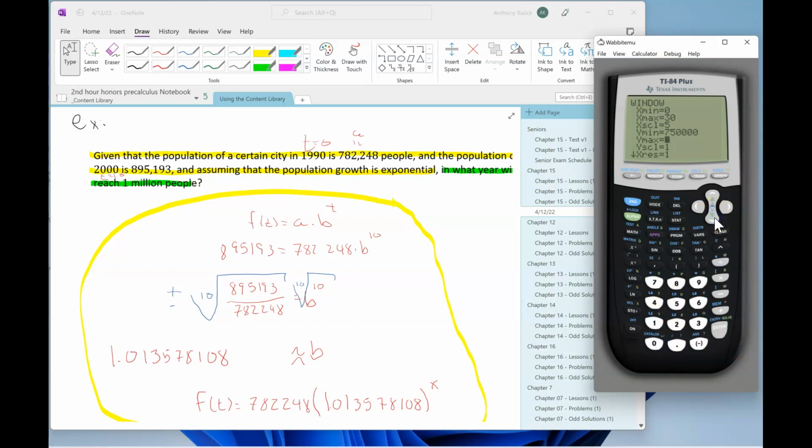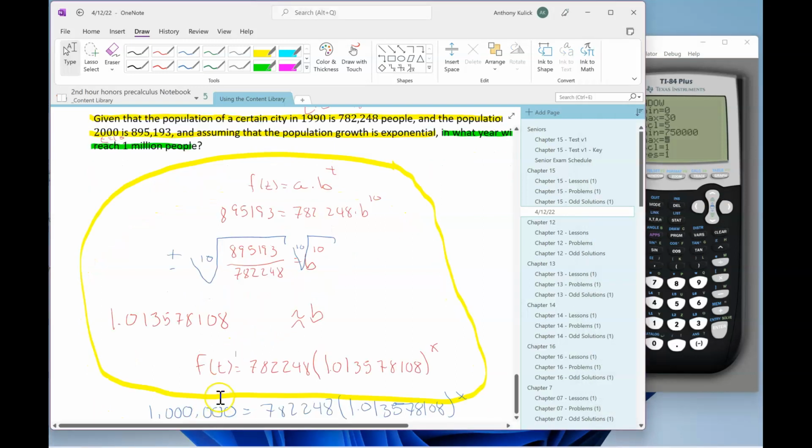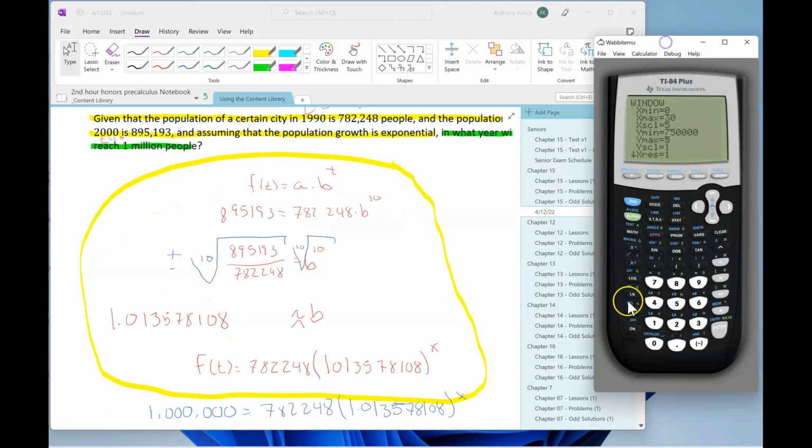And what's the biggest population I care about for the city? The 1 million, right? So I'm going to pick something a little bit bigger than 1 million. Again, I'll just pick a round number, so I'll do 1.25 million. Doesn't really matter as long as you can see the intersection. That's really all you need to worry about.